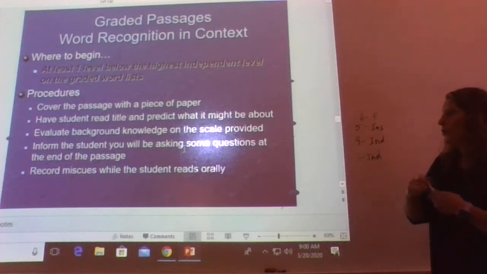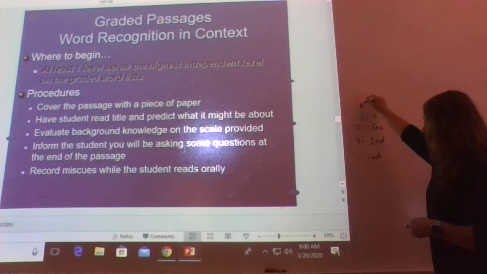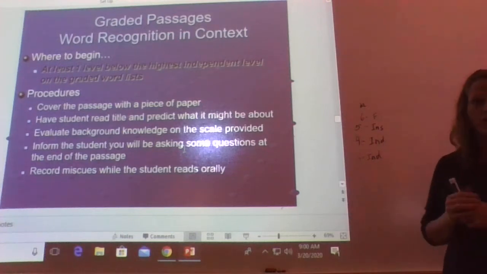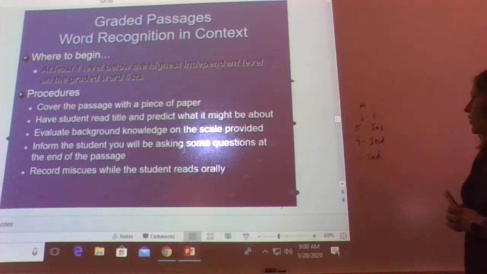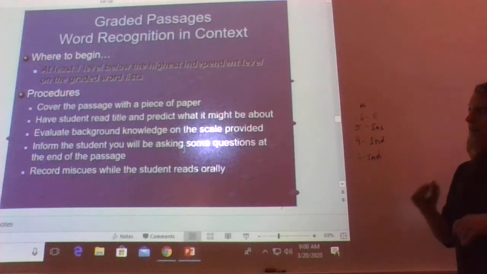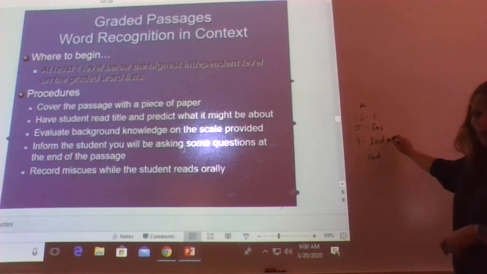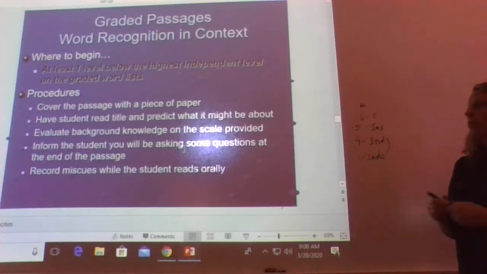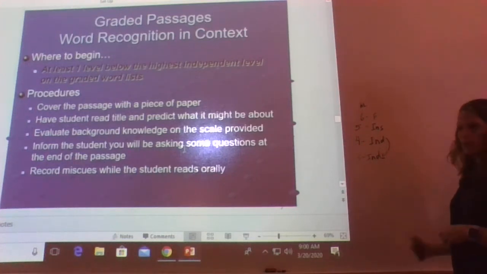These are the word lists, words in isolation. You have to determine where to start the graded passages. So we're going to say one level below the highest independent level. Where was the student's highest independent level? Right there, grade 4. So we have to go down to grade 3, and that's where we will start the reading passages with this particular student.